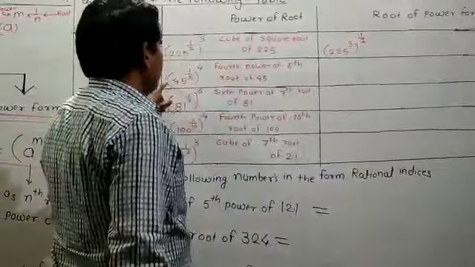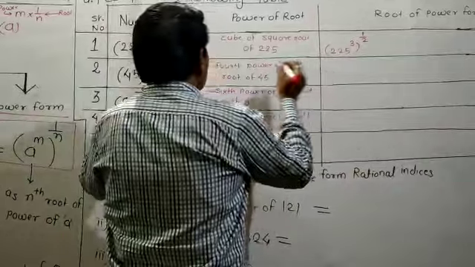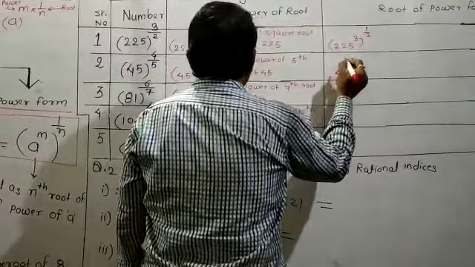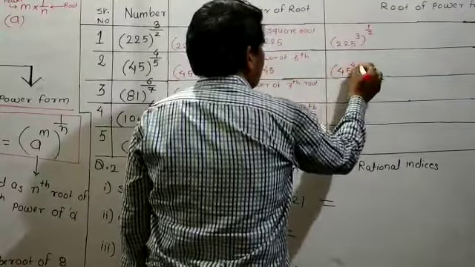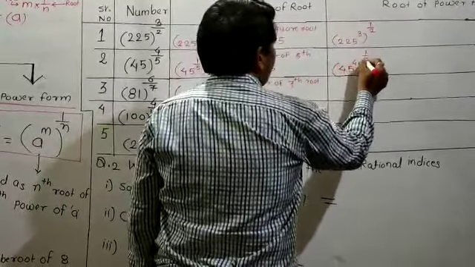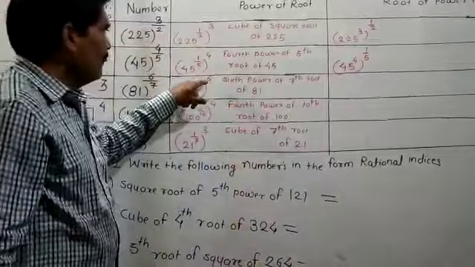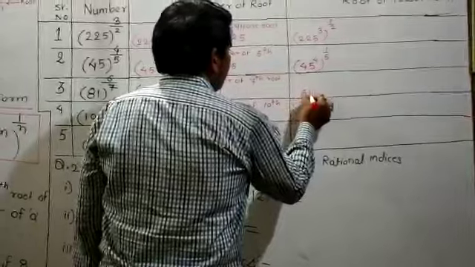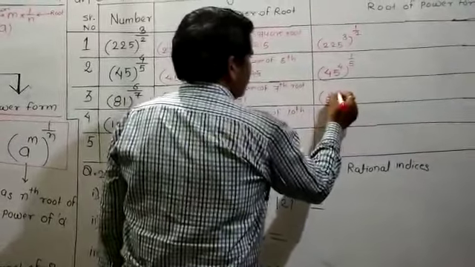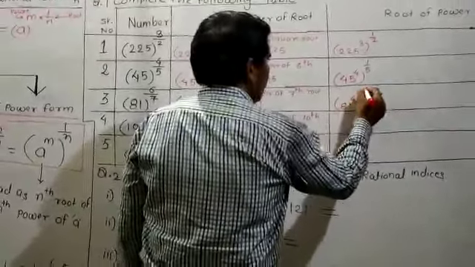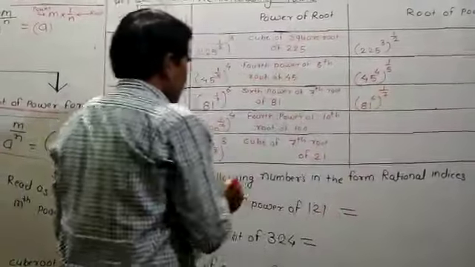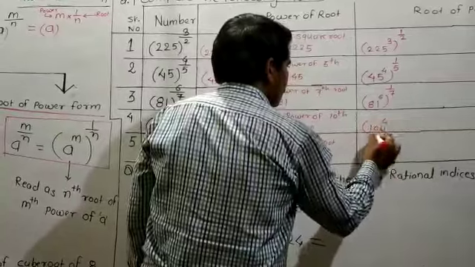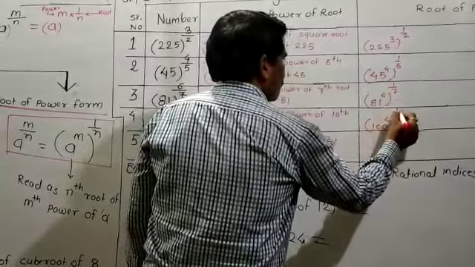Then here also you have to write the power inside, root outside. 45 raised to 4 raised to 1 upon 5. 81 raised to 6 raised to 1 upon 7. Here 100 raised to 4 raised to 1 upon 10.